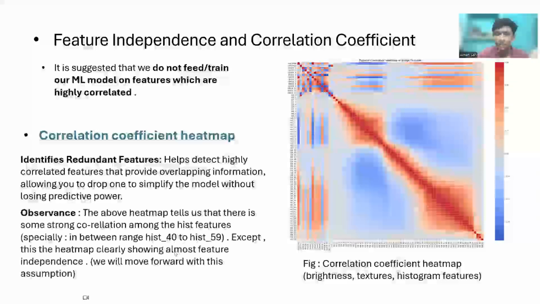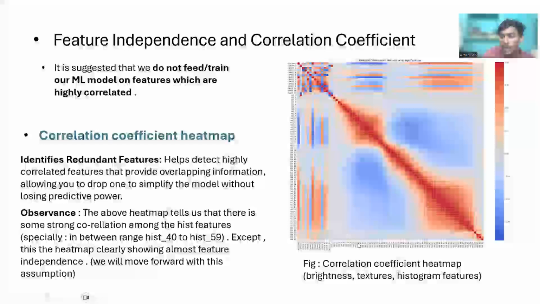Yes, we found that the above heat map tells us there is some strong correlation among the hist features, right? Before that, I'll tell you that we expect strong collinearity along the principal diagonal of this heat map. That's why you are seeing this dark red line across the principal diagonal. But no need to worry, we expect such high collinearity there.